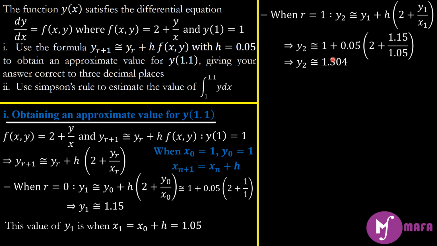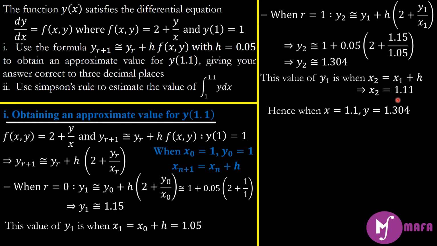Sorry for the error, but if you compute correctly, you're going to get y2 to be 1.304. And it should be noted that this value of y2 is when x2 is equal to x1 plus h, which is 1.05 plus 0.05, which is 1.1. So we can give a final conclusion that when x is equal to 1.1, our y is equal to 1.304, since we are to leave our answer to 3 decimal places.